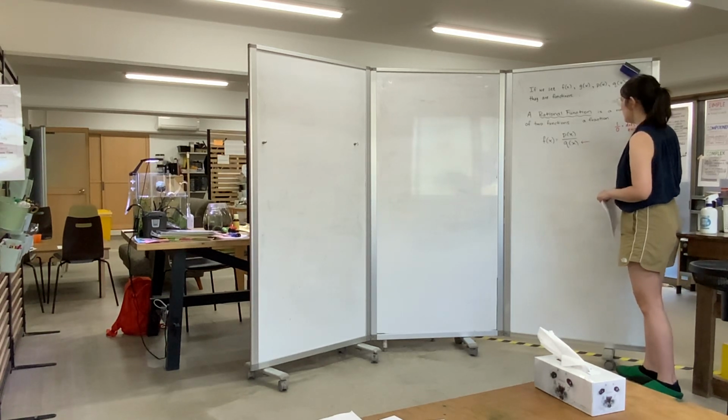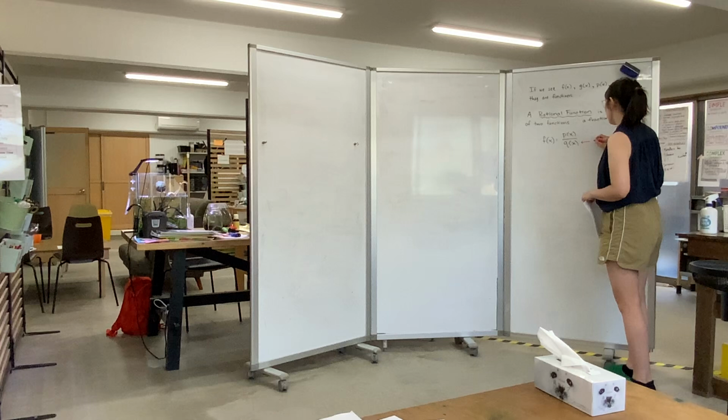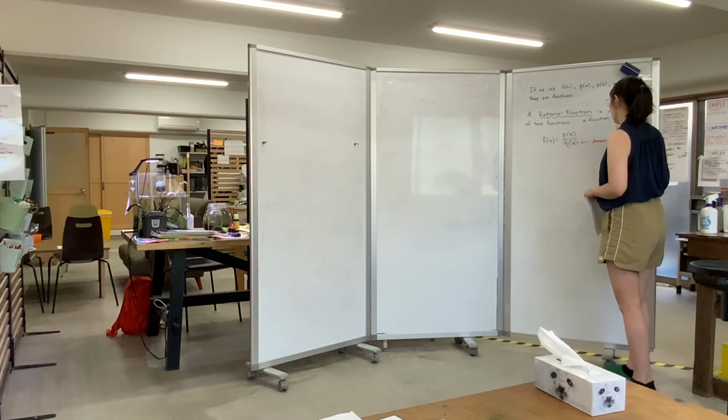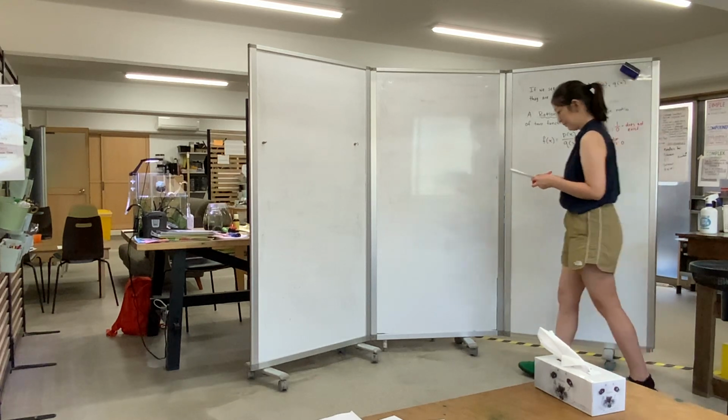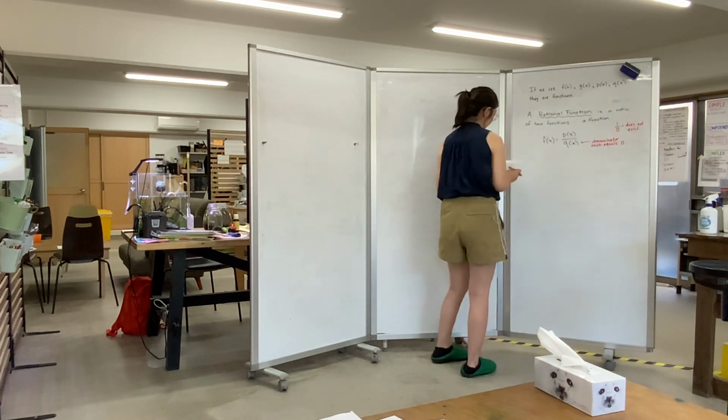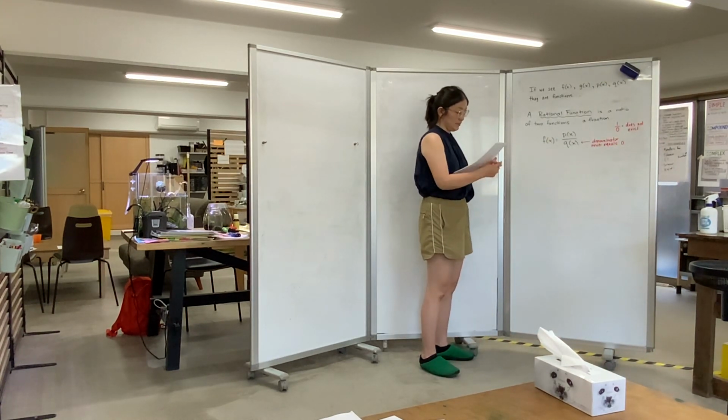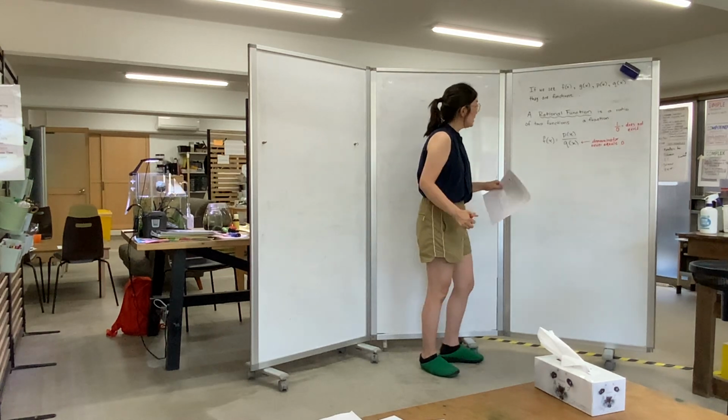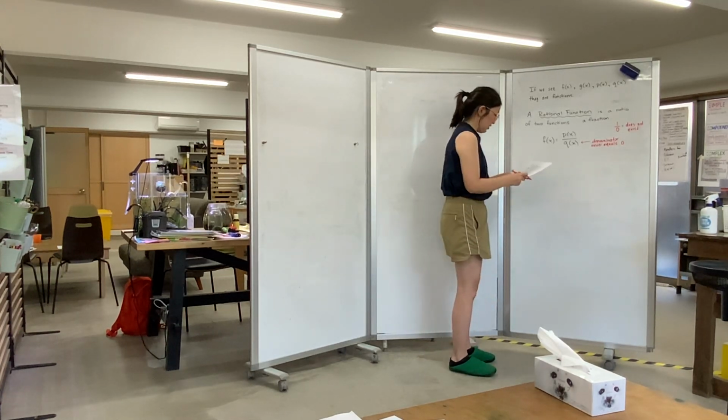So what this means is q of x, the denominator, can never equal 0. That means that we have a domain and range issue.